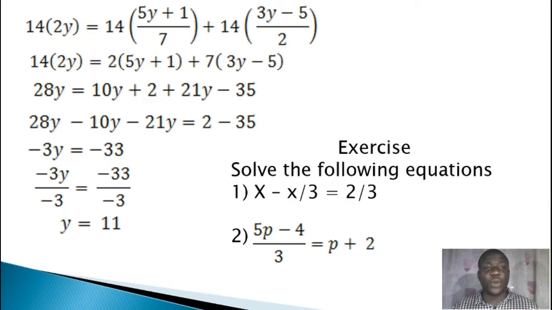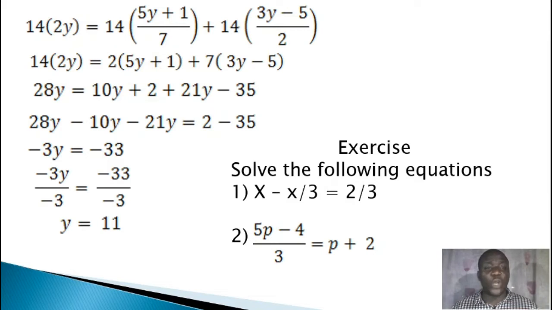From here we collect our like terms, where all the y's should go to one side of the equation and all the constants should be at the other side. So 10y will move to the other side to meet 28y, and also 21y will move to the other side to meet 28y.